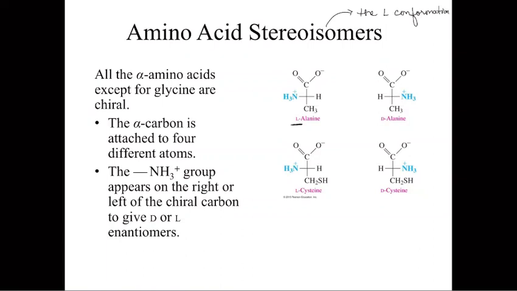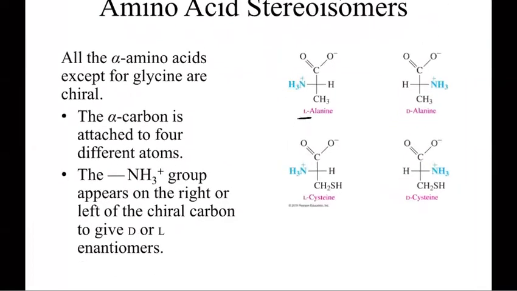And remember that this L and D conformation, which I introduced to you when it comes to sugars, just establishes the positions of the different substituents around the carbon that is chiral.